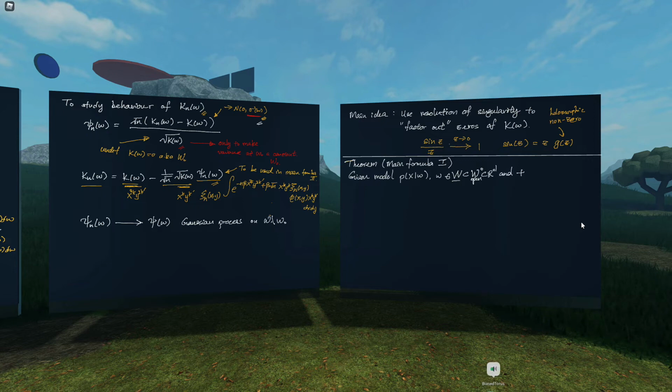And truth q(x) which is realizable, q(x) = p(x|w0) for some w0 in the set of true parameters, the zero set of K(W), satisfying some, I'm going to cop out and say mild condition.